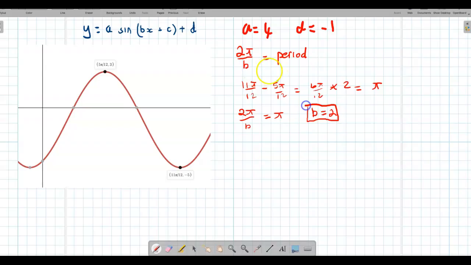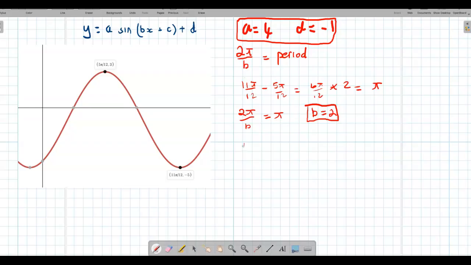Now the C number is going to be the hardest point to do, always. The C number is the number that affects the phase shift, but it's affected by the period, the B number, which affects the period. So what we have is we have to take an X number, and instead of timesing it by 2, we divide by 2, and then we add C, but that's also divided by 2. So what we have is an X number.